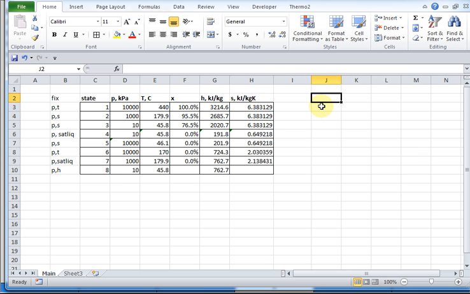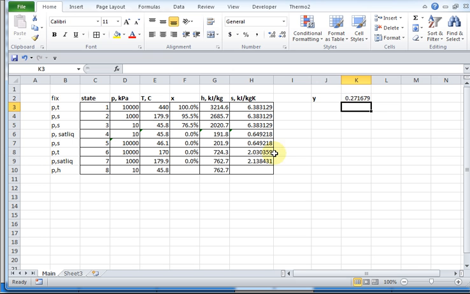And one of the most important is that mass fraction that's diverted. What is the equation for that? Was it H6 minus H5 divided by H2 minus H7? Was that what it was?